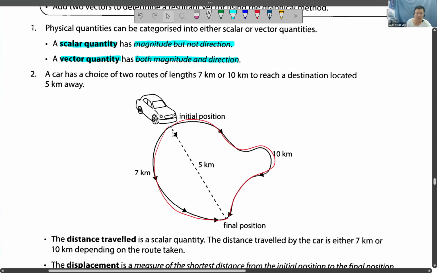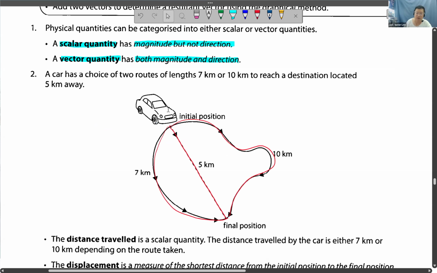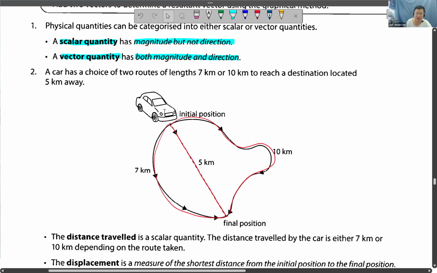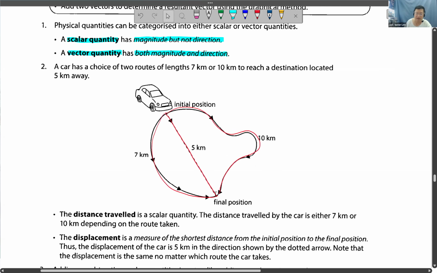This is the distance moved. But if you want to talk about displacement, that means from beginning to end, this is the displacement. So the distance traveled can be anywhere, but displacement is always the shortest distance between the two points, starting and end.